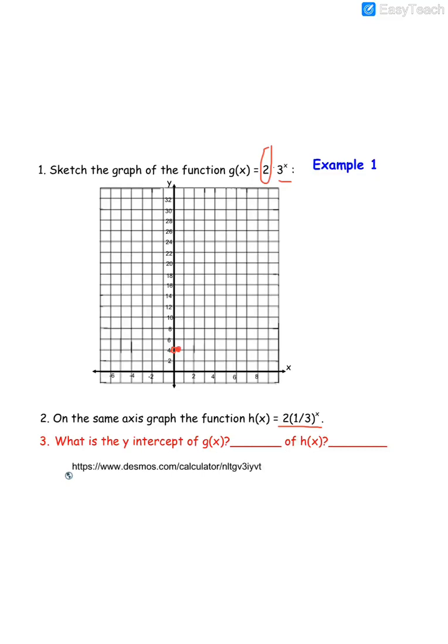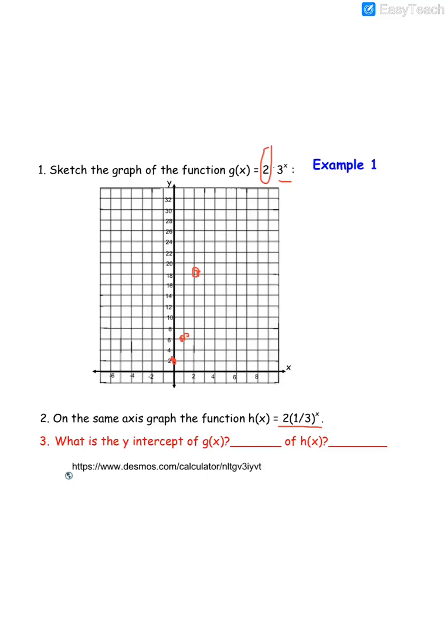Ooh, I graphed that wrong because it's counting by 2. So be careful there. I didn't see that. 0, 2; 1, 6; 3, 18, which fits because I'm going up by 2's. The 54 does not fit.